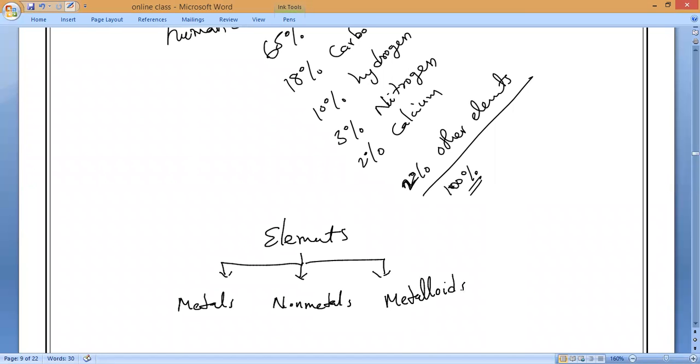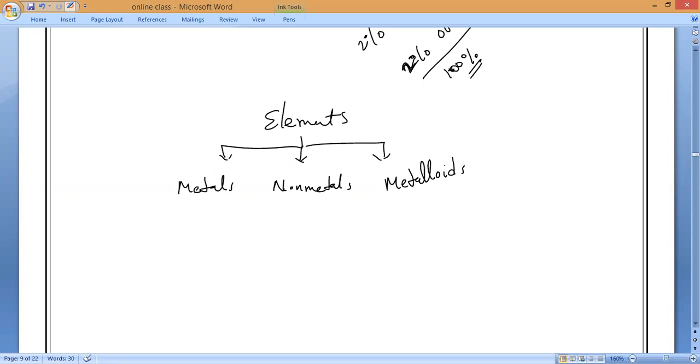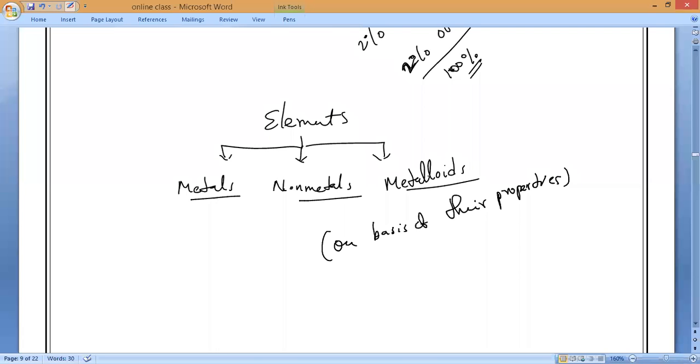So this is the classification of elements. Please all of you write. Elements are classified into three groups on the basis of their properties: metals, non-metals, and metalloids.